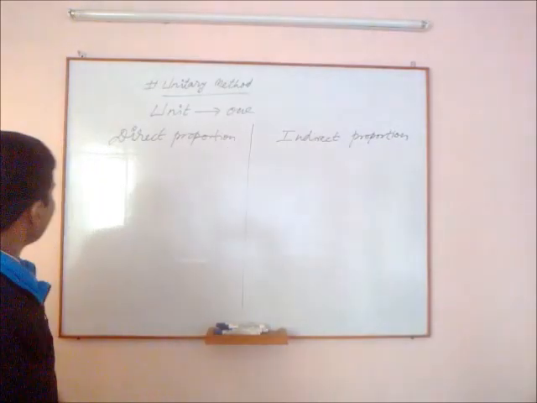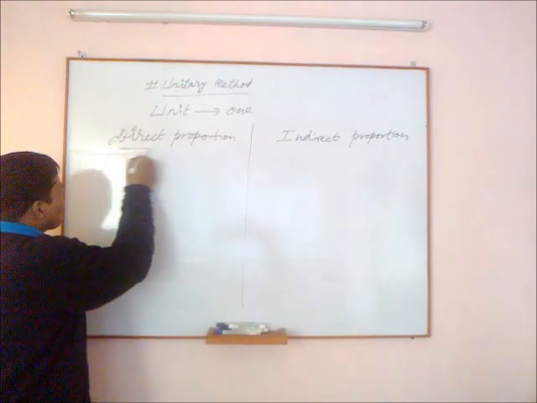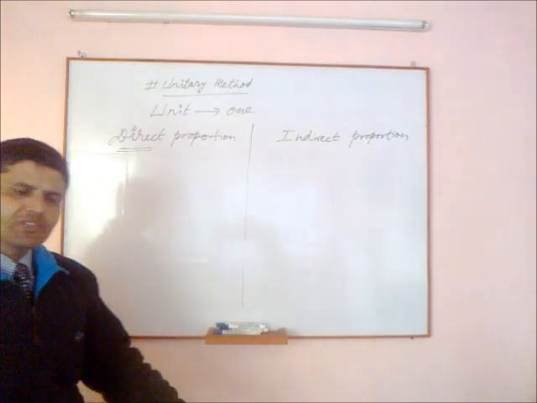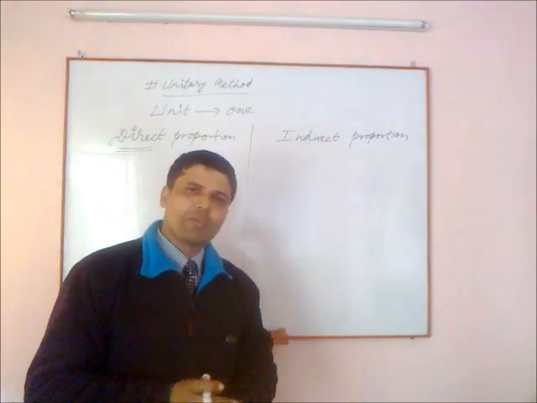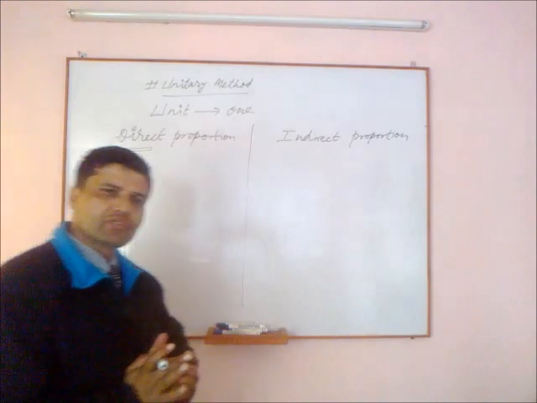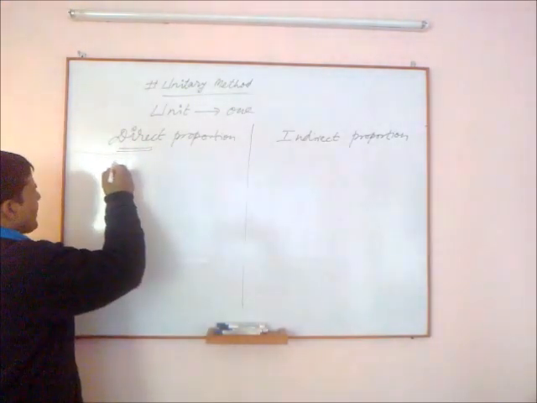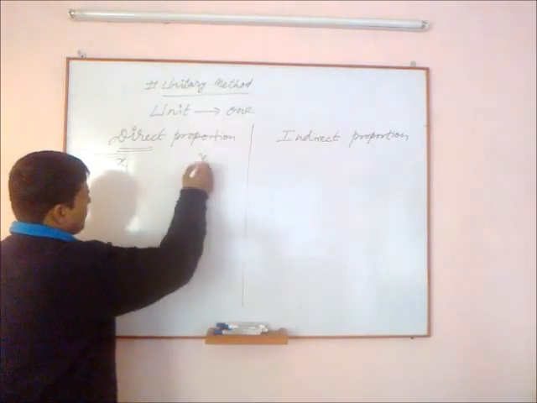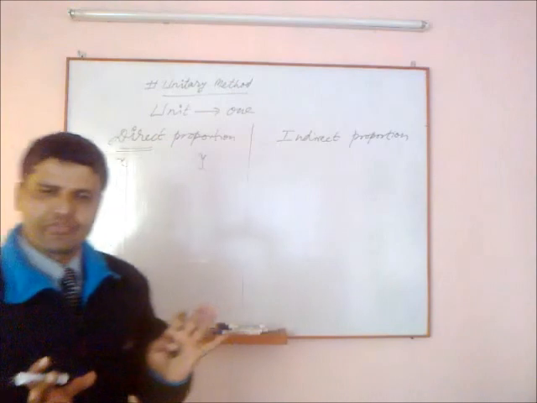Okay. In order to understand the meaning of direct proportion, we need to know the meaning of direct. Direct means same type on both the variables. Suppose there are two variables, variable x and variable y. Variables means it can be anything.